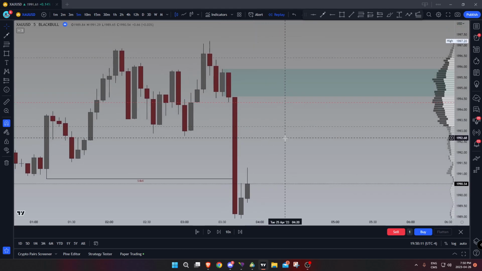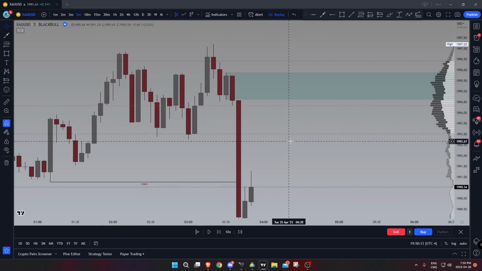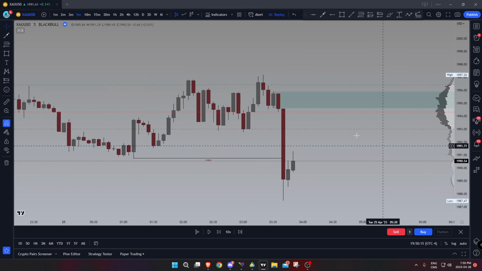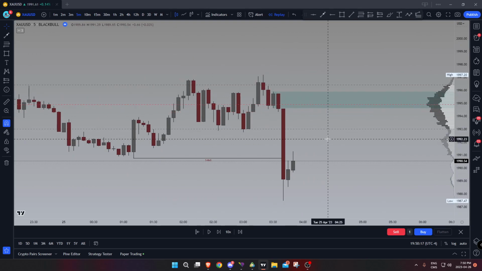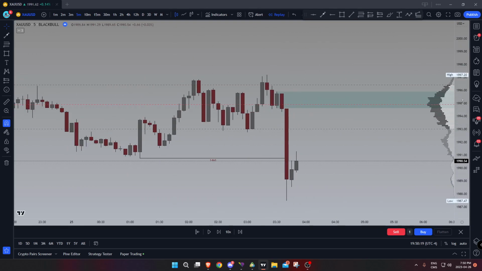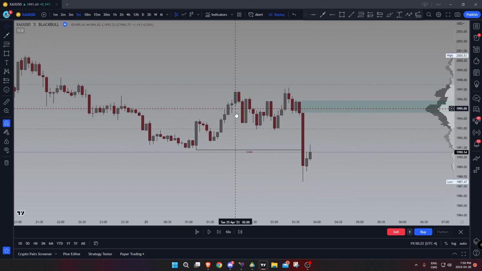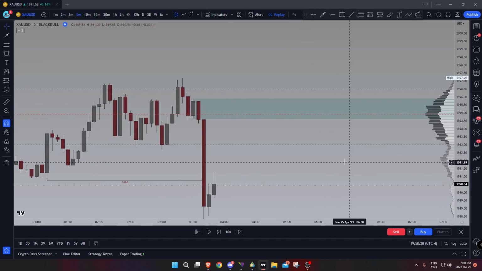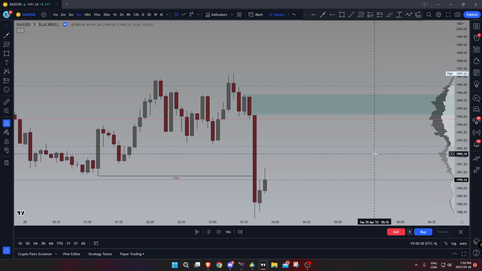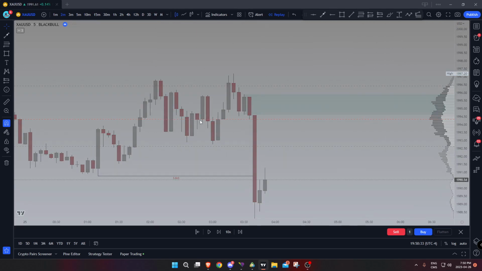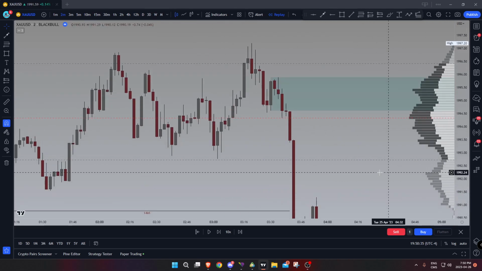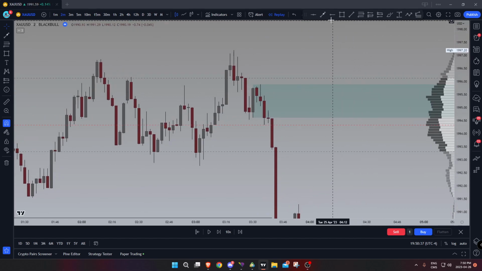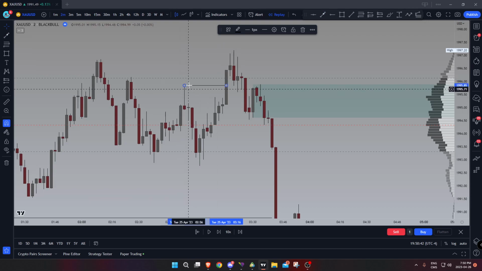Now I want to see, could we have trapped some longs inside this candle? You will look at this and pretty much say no, we have a double top. But if you go on a lower time frame, for some scalper or anything like that, let's go on 2 minutes. We do have a break of structure there, the high.